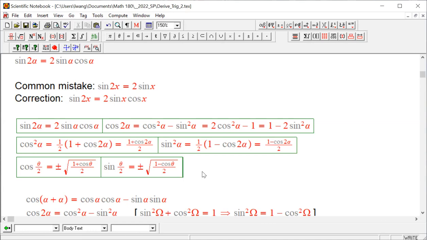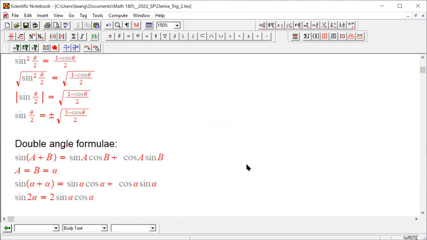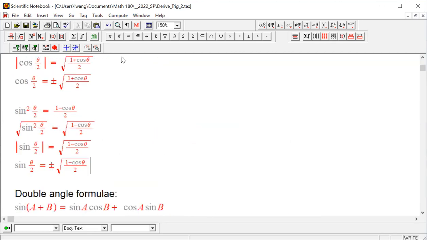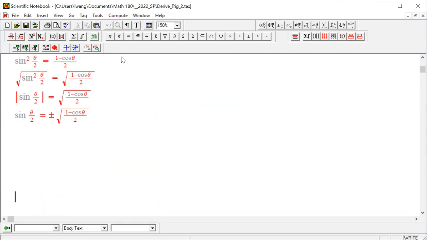What comes next is tangent half angle. If we have cosine half angle and sine half angle, then cosecant and secant half angle are easy to find. We just need tangent half angle. So let's look at what we do to get tangent half angle.